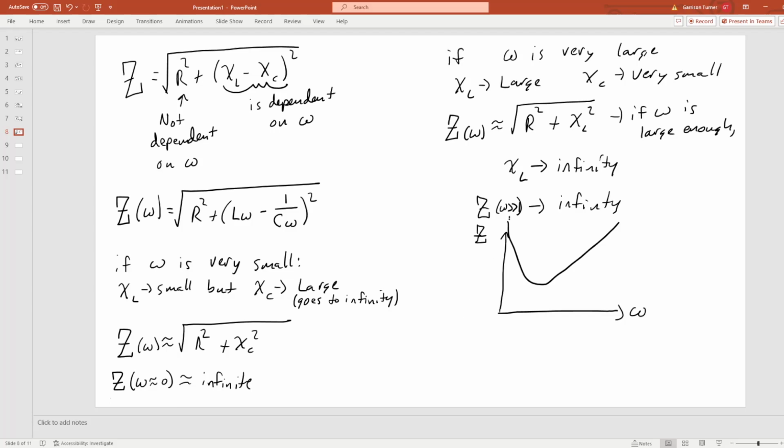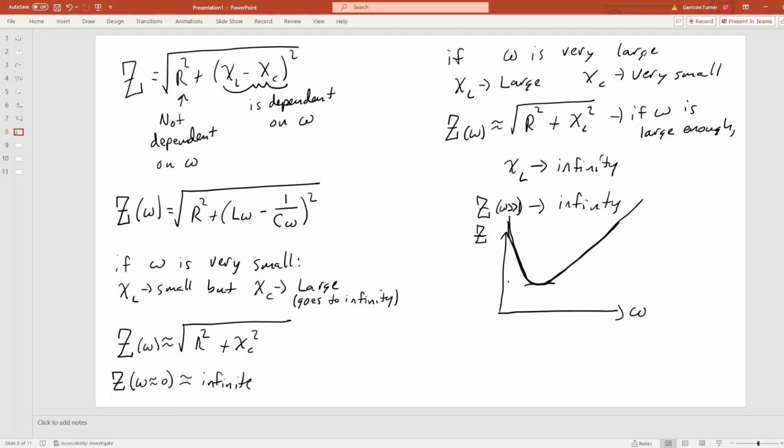So it'll start out really, really high, it'll decrease, and then it'll reach a local minimum, and then it will increase without bound if you have some sort of method with which to constantly increase your angular frequency, and your impedance will continue to grow.